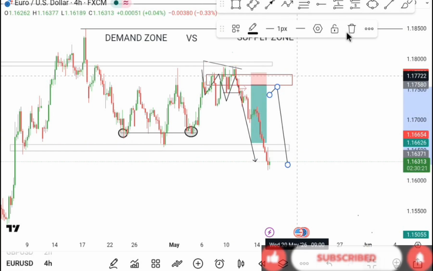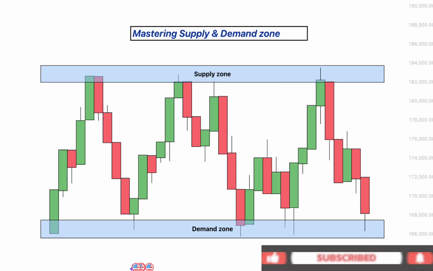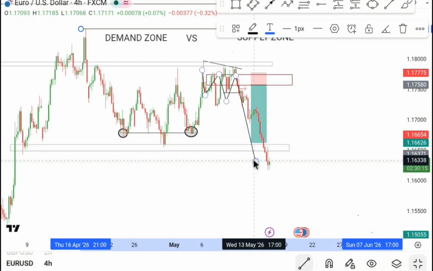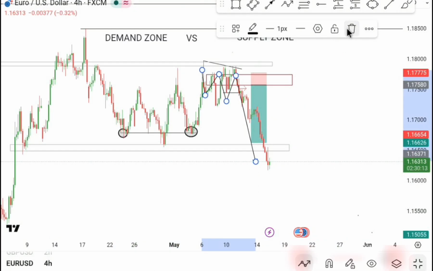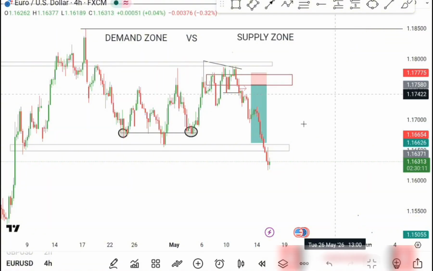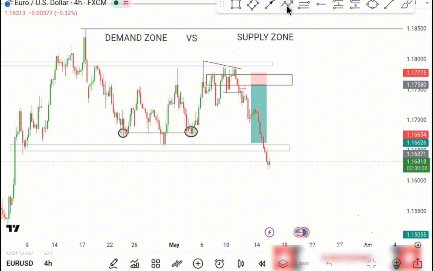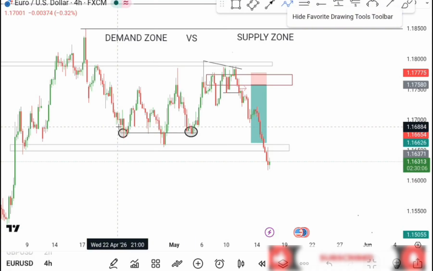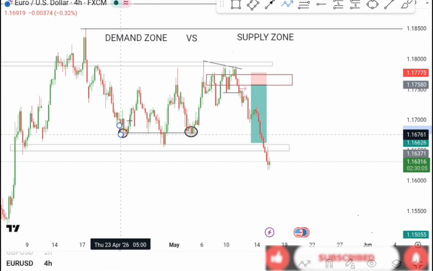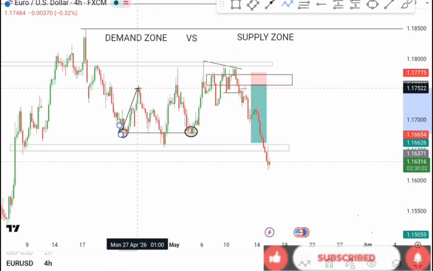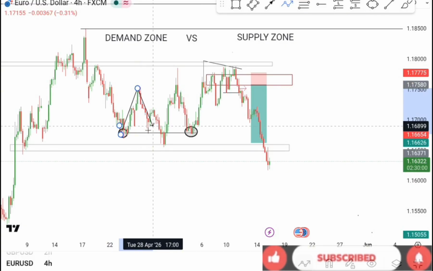Now let me show you the two types of zones and what each one looks like on the chart. A demand zone is an area where buyers overwhelmed sellers. Price fell into an area, consolidated briefly in a tight range, and then launched strongly upward.